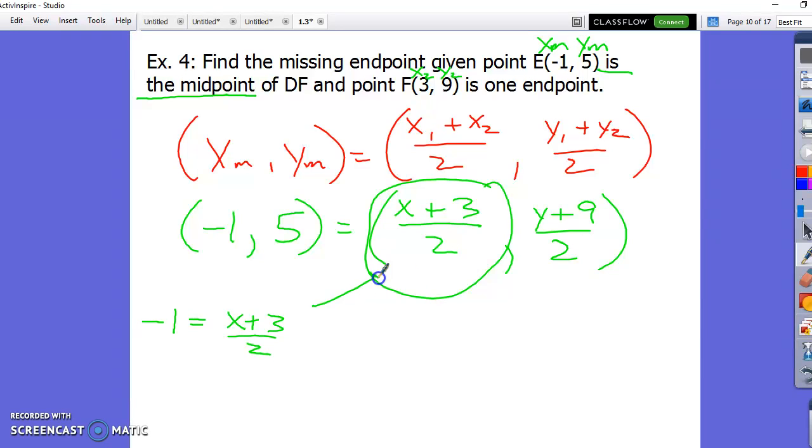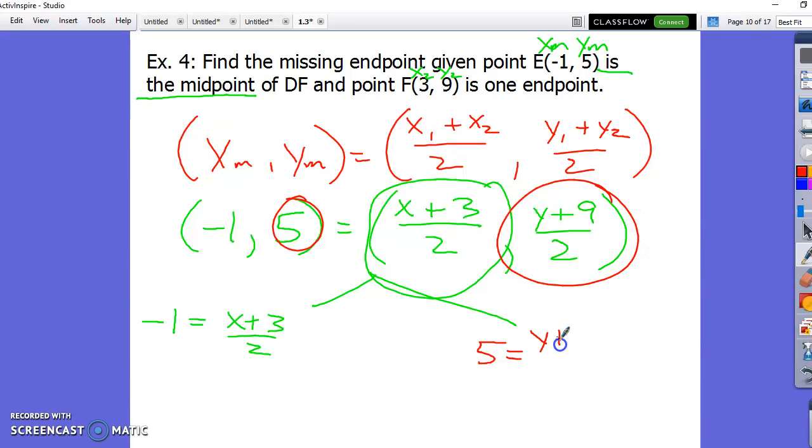And then over here, we're going to take the Y component. So we're going to have 5 equal to the Y component, which is (Y plus 9) divided by 2. Does everybody see what I did there? All right, because from this, if you get this, the rest of it's easy.